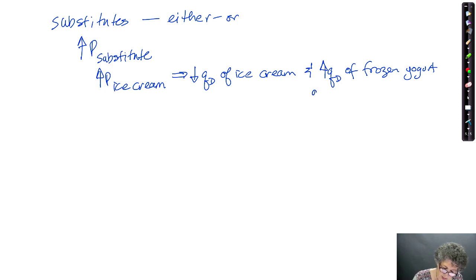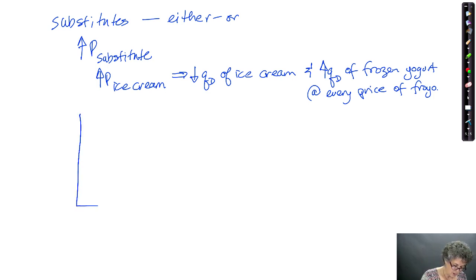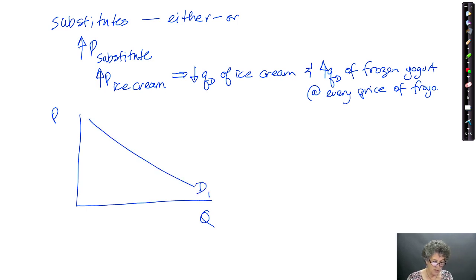At every possible price of frozen yogurt. How do we show that? Well, here we go. Price on the vertical, quantity on the horizontal, downward sloping demand curve. The first one, D1. This again is the market for frozen yogurt.